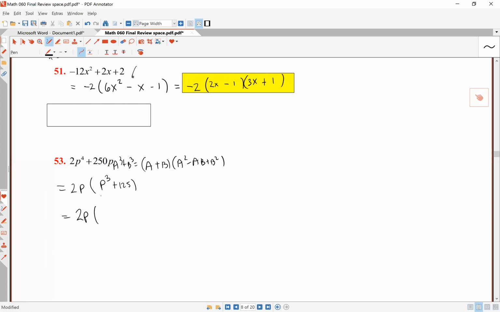So here our pieces are p and 5. We add them, p plus 5, and then we square the p, take the product, and square the 5, which is 25, but opposite sign and always positive.